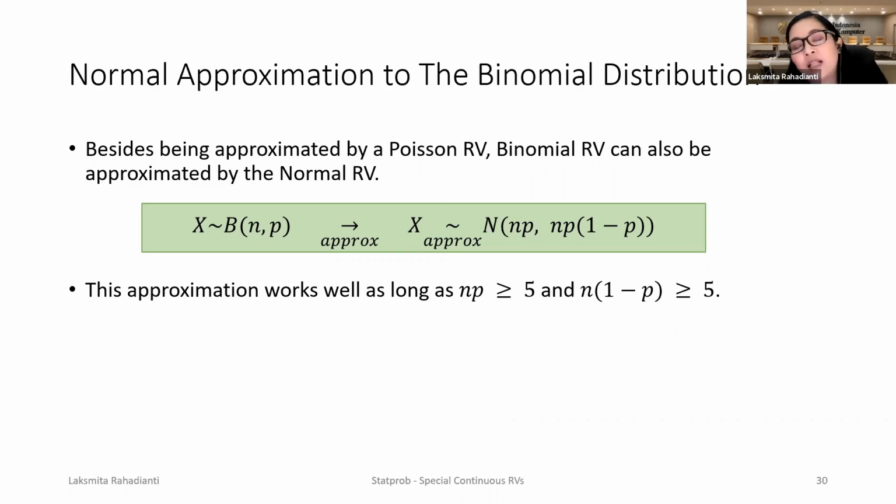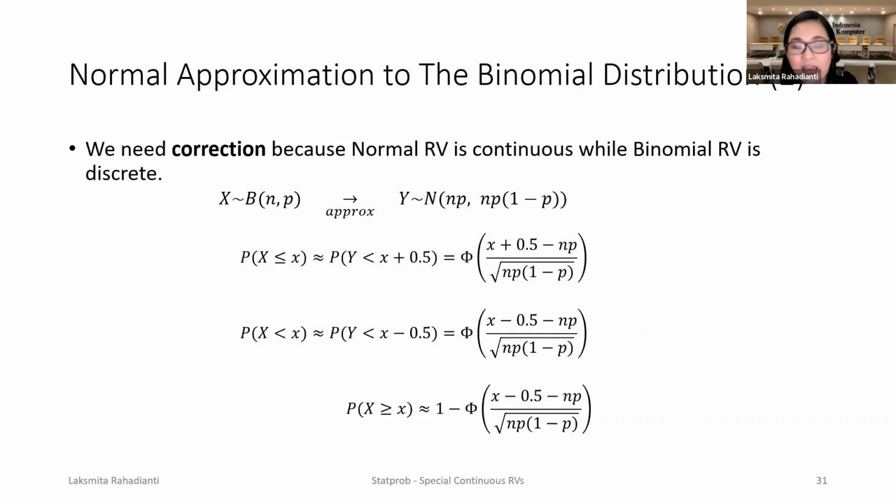But we have a small issue here. Remember that a binomial random variable is a discrete random variable, but the normal distribution is continuous. So we need to account for that, and we need a little correction term to account for the continuous normal random variable.